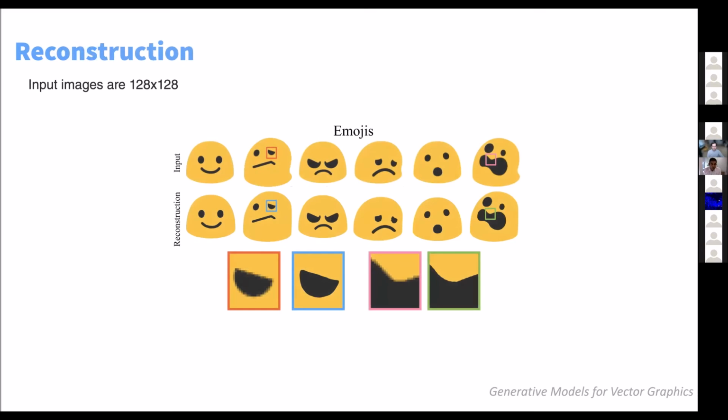Let's look at some of the results of this block of what we have here. So these were all trained on images of 128 by 128. And as you see on the lower one, the right ones, the blue and the green highlighted ones, are our results. So you can see the reconstruction results. Because we output vectors, you can zoom in.